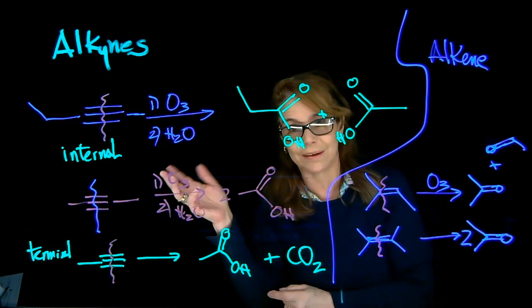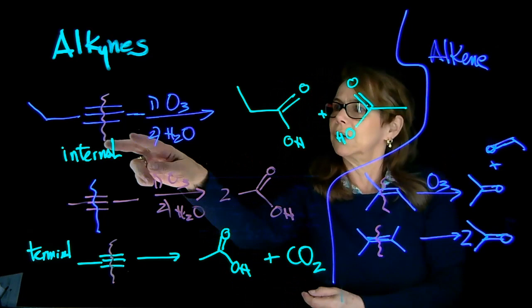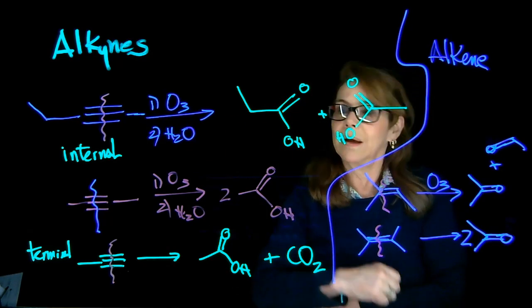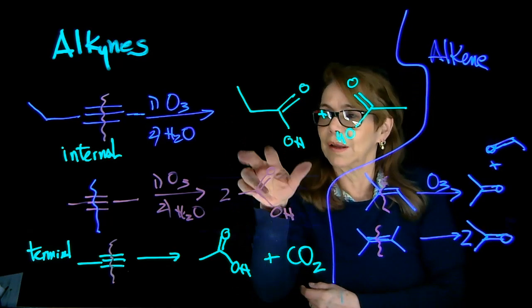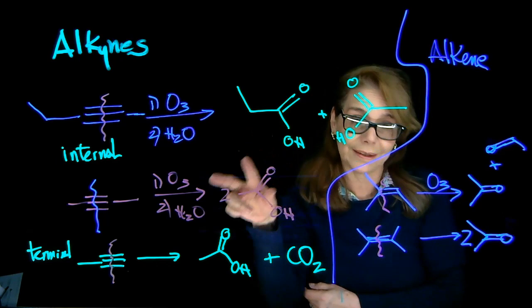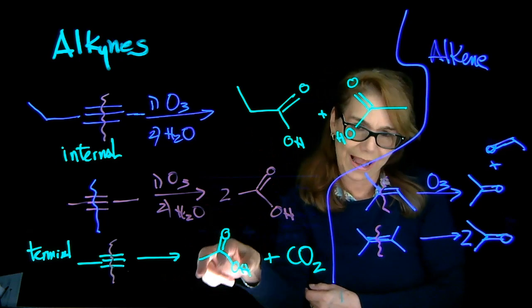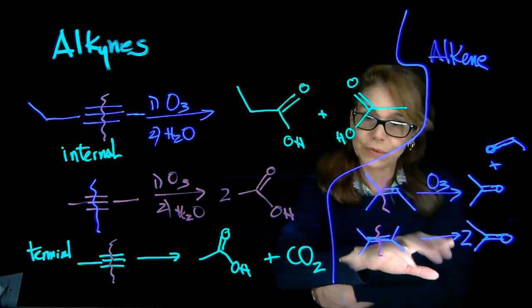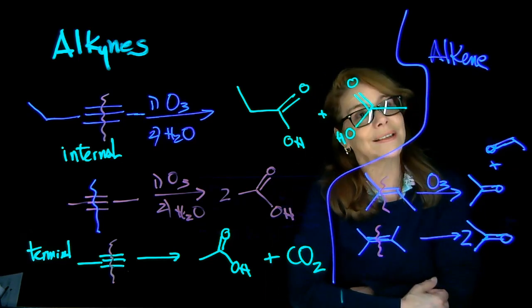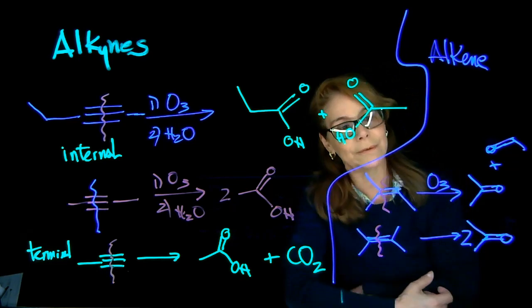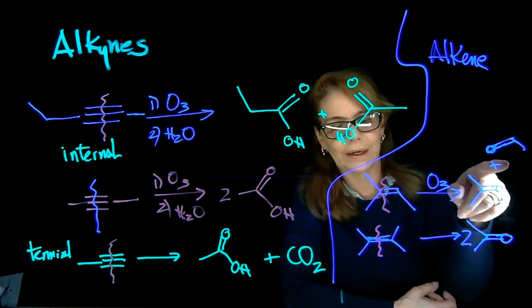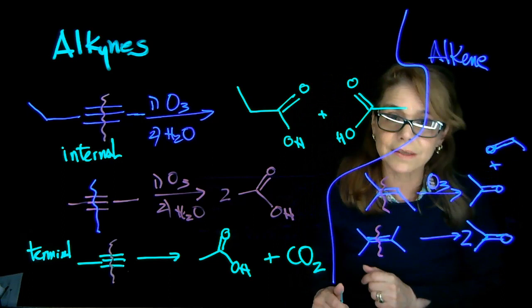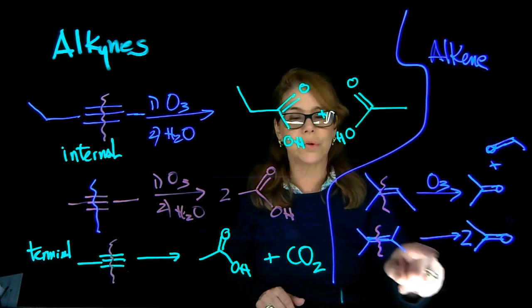So depending on the symmetry about the triple bond, you will get 2 moles of the acid or 2 different acids, or if it's terminal, acid plus carbon dioxide. So as opposed to what we get when you treat alkenes with ozone, in which you get, here you have a ketone and aldehyde, that's a non-symmetrical alkene, or 2 moles of the same.